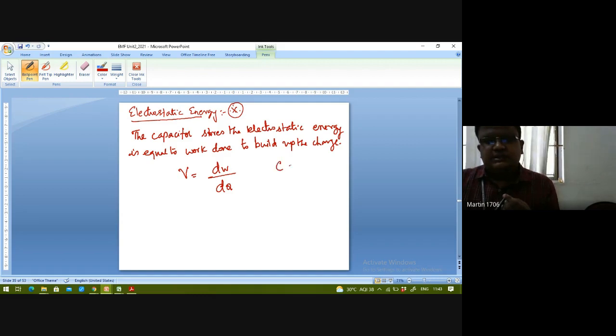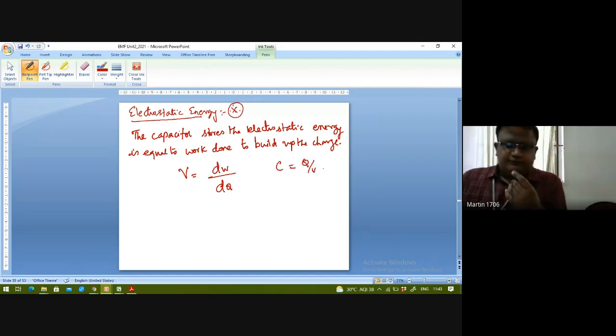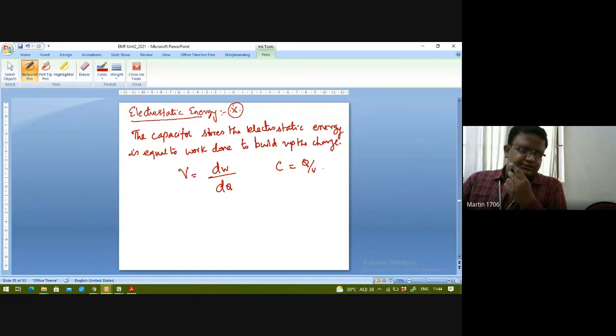The capacitance is equal to Q by V. So how will you solve this equation?